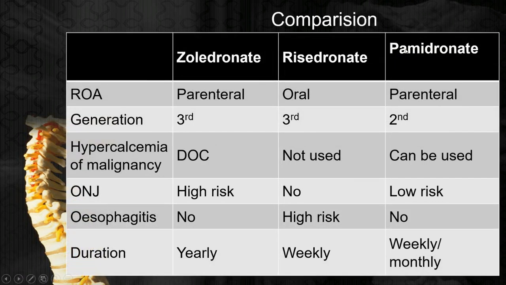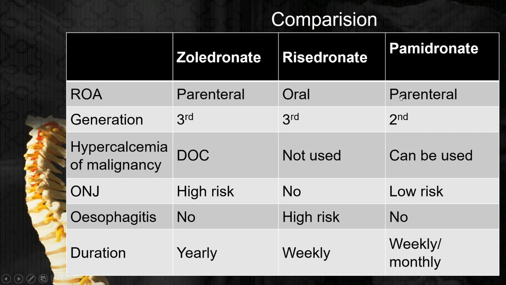Now, let us have a small comparison between zoledronate, risedronate, and pamidronate. Zoledronate is a parenteral third generation bisphosphonate, whereas risedronate is an oral third generation bisphosphonate.